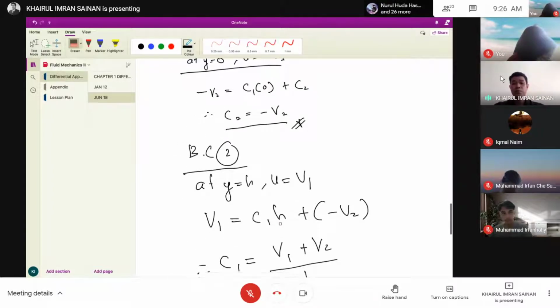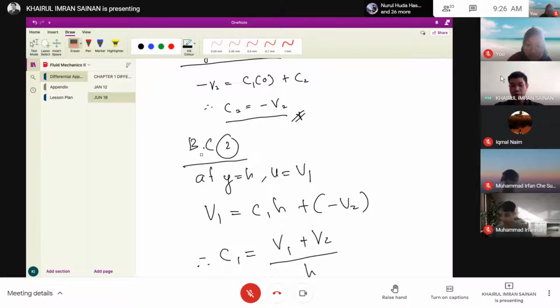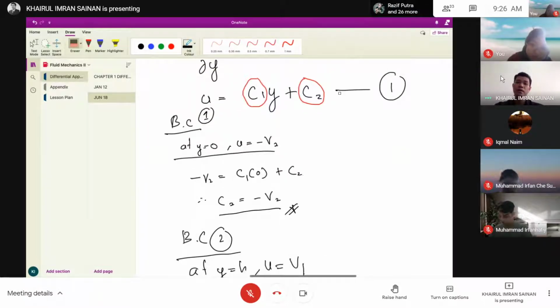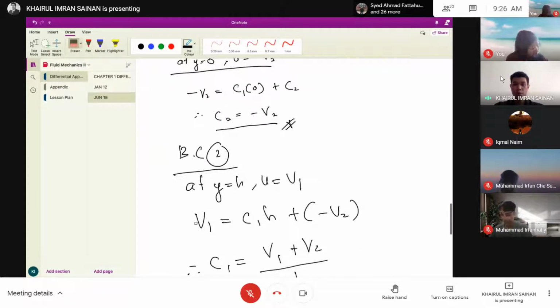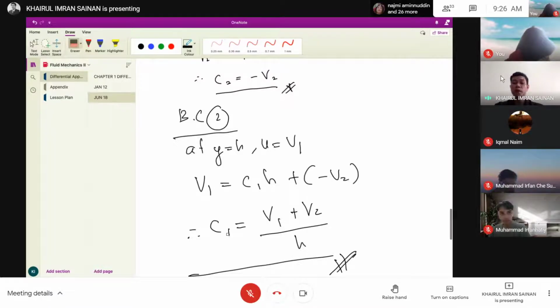Next we go for boundary condition number 2, at y equals h, u equals v1. Once again we use equation number 1. Now u becomes v1, c1 h, and c2 we found previously is negative v2, so we put it there. In the end, c1 equals v1 plus v2 divided by h.